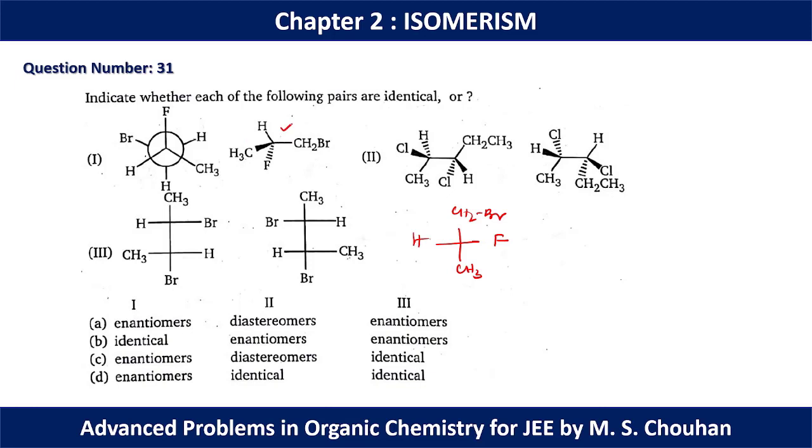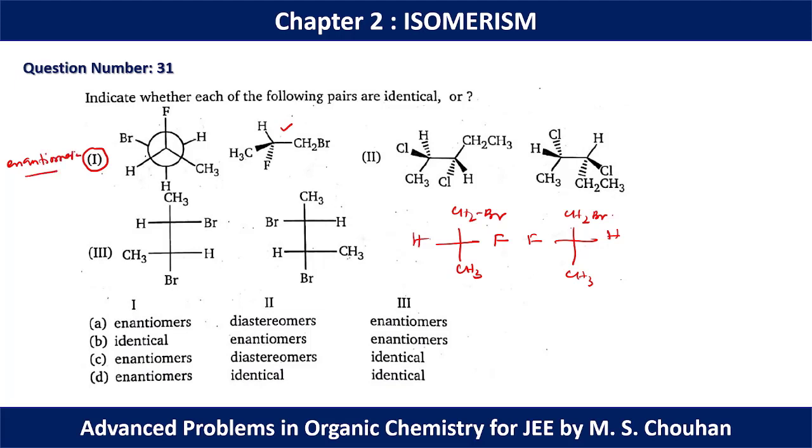And for the second molecule, if we draw the Fischer projection, it will become fluorine, CH2Br, hydrogen, and methyl. Okay, so these two structures are mirror image to each other, as well as they are non-superimposable mirror image, so they are enantiomer to each other. So for the set 1 molecule, we have enantiomeric relationship.